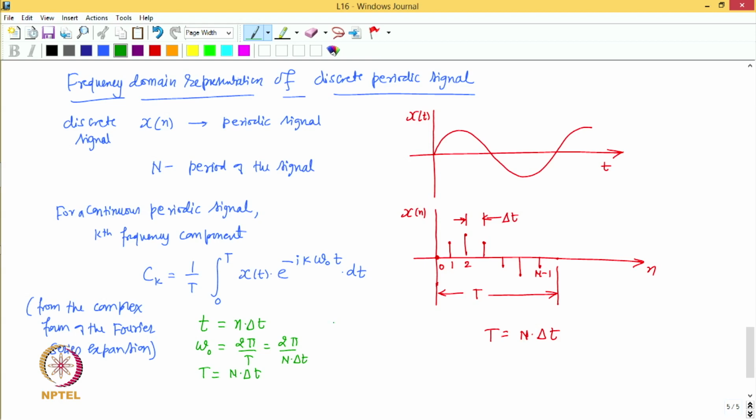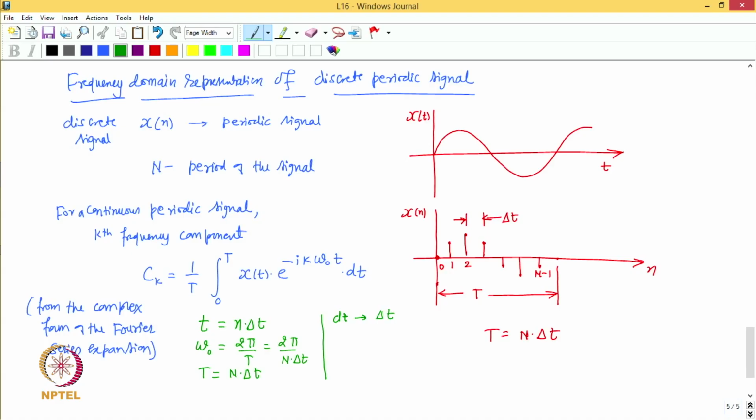The other thing is that dt, an infinitesimal time length, in the present case would become a finite time step delta t. So, it should be replaced by delta t.